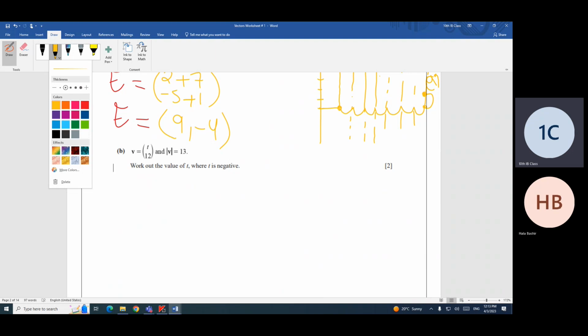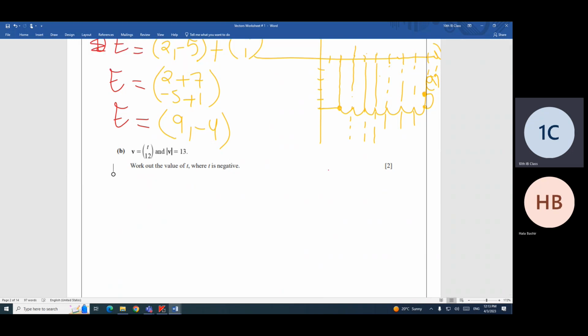This was the original point, and this was the new point. This is our vector, right? The vector is always the hypotenuse of a right-angled triangle.